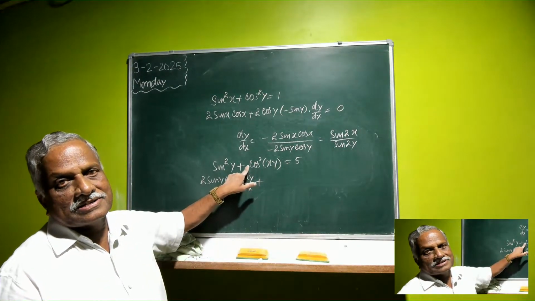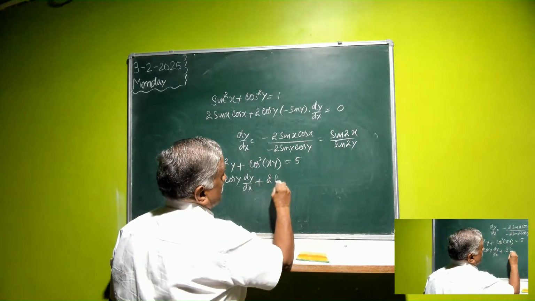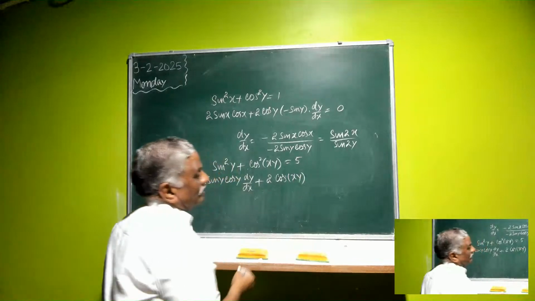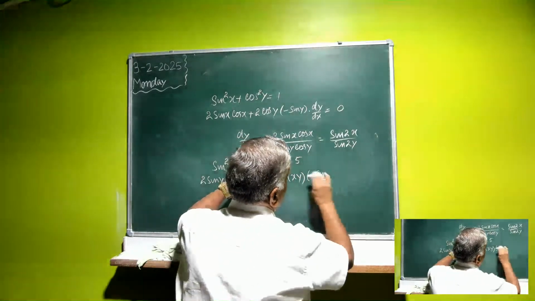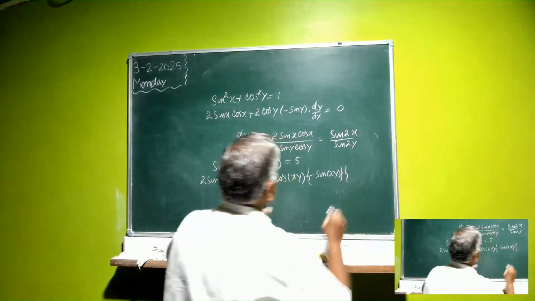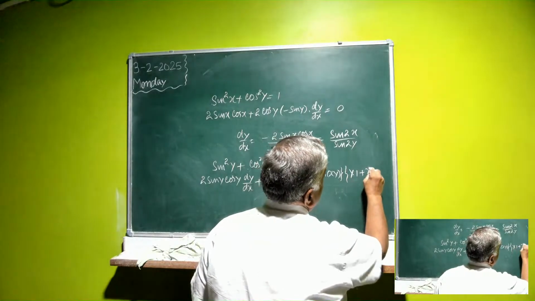Now, first you should differentiate power. That is 2 cos xy. Then I should differentiate cos, that is minus sin xy. Then I should differentiate xy: y into 1 plus x into dy by dx.